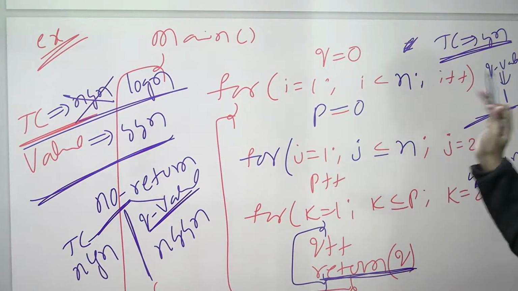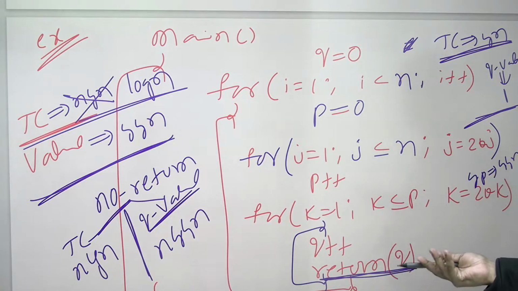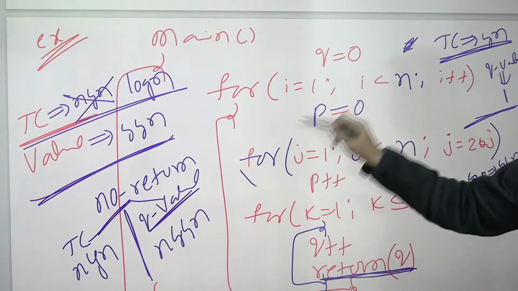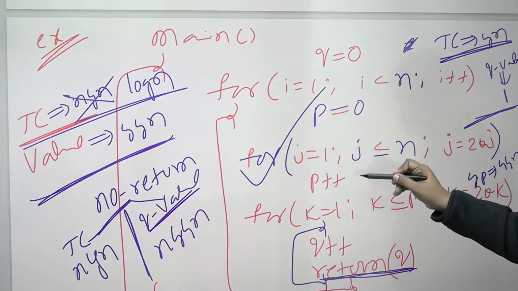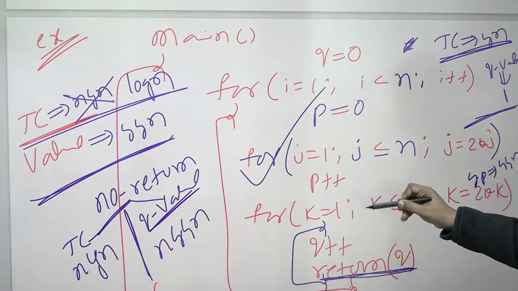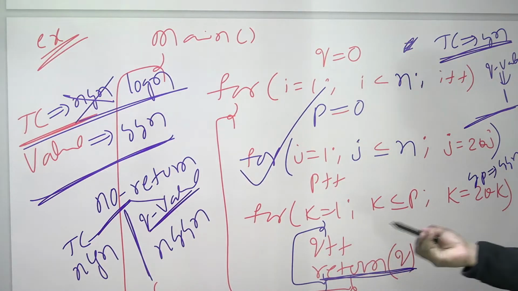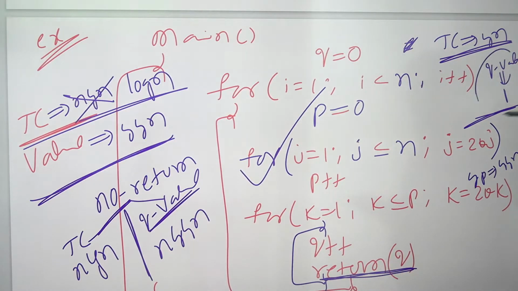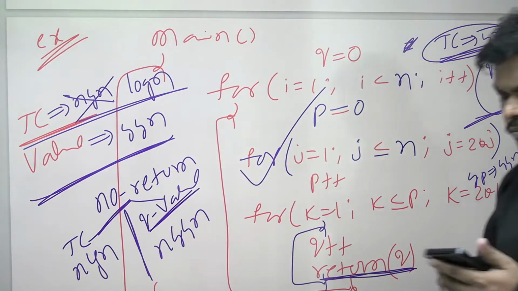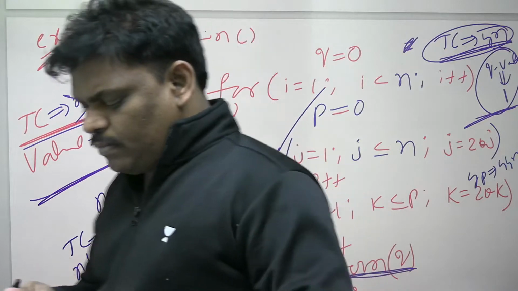You will come out of the main program. Nothing will be there. So only the J loop will execute, which means P becomes log n. K is equal to 1 itself, you are returning, so Q value becomes 1. Q value 1, this will be log n.